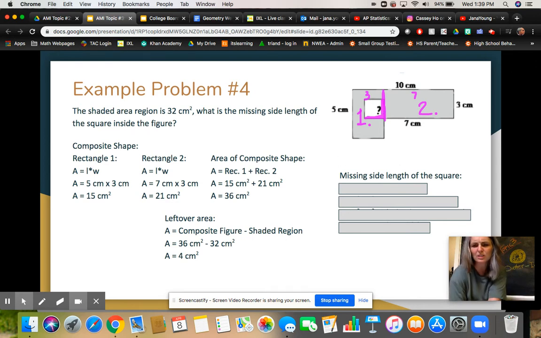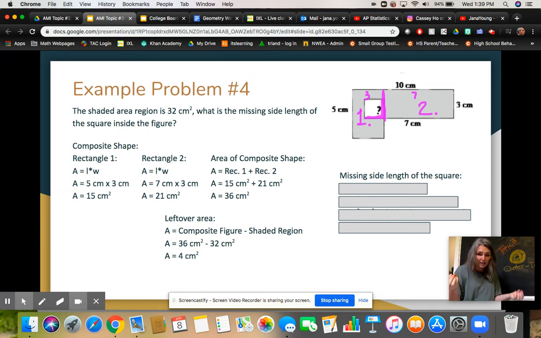And let me back up just a second, and I can explain what just happened. We said, let's take the composite figure. Let's say, because we're doing this a little backwards, okay? Because we're looking for the side. So we're saying, let's take the whole figure. Let's subtract the shaded region this time.